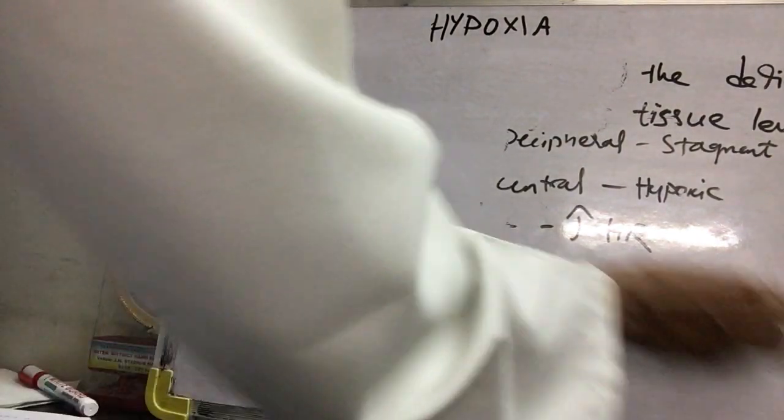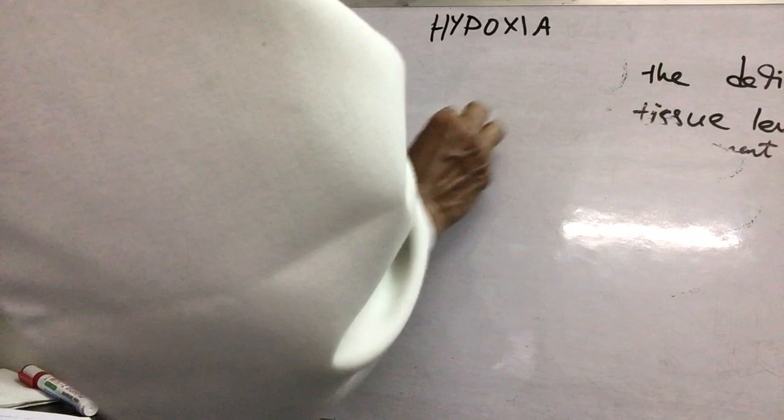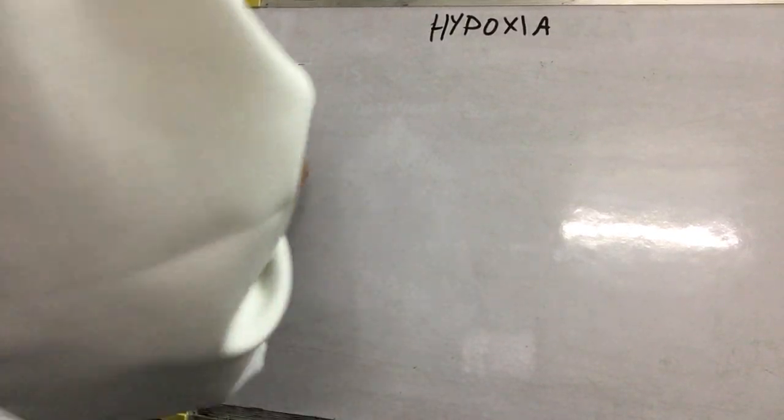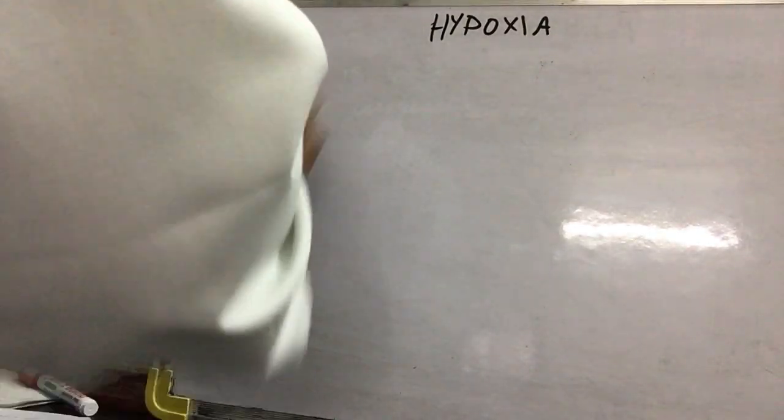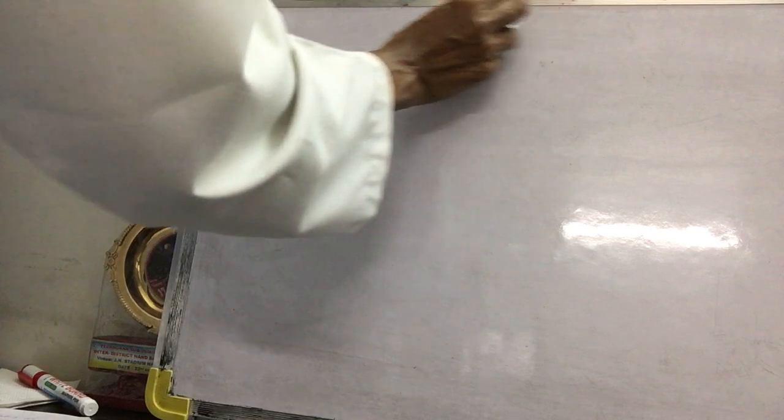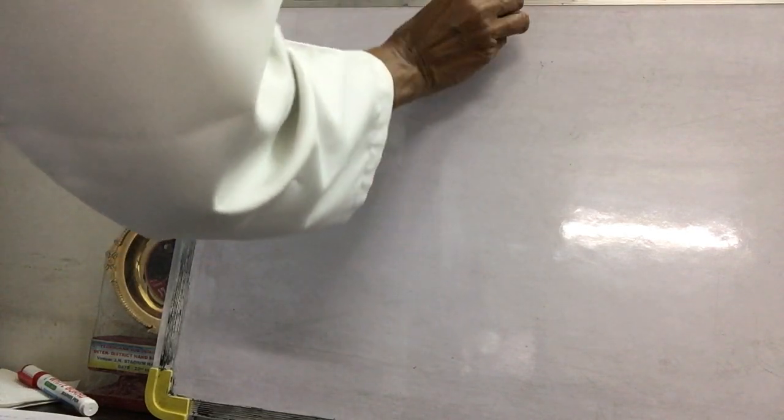Then symptoms and signs, they are common to all types of hypoxia. They may vary in some matters, but the symptoms, rather than the type of hypoxia, can be fulminant, acute or chronic. It depends upon the onset of the symptoms. The classification depends on the onset of the symptoms rather than the type of hypoxia.